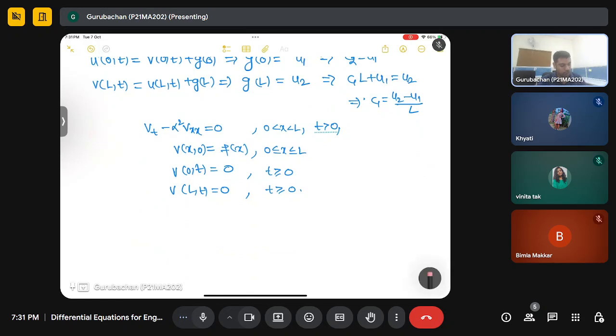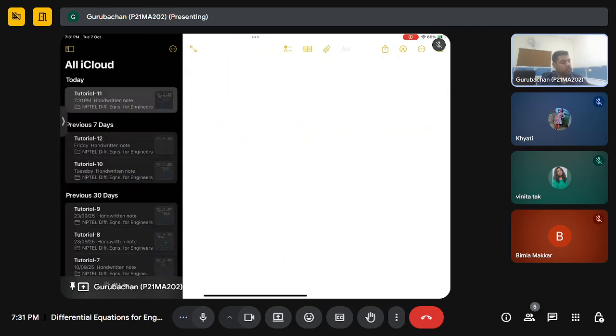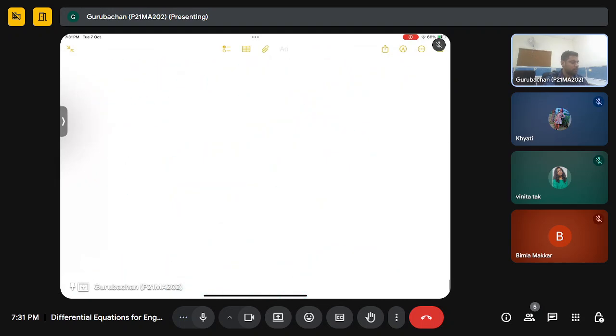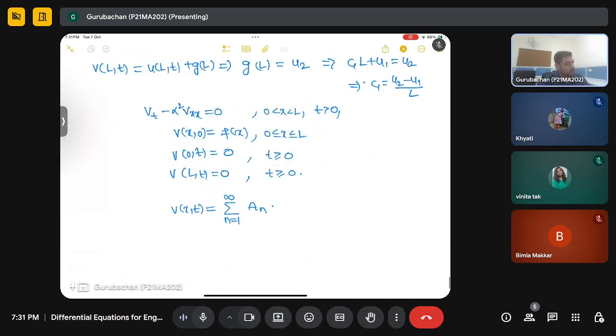So you may write v(x,t) as a series of sine functions, a_n e to the power minus (n pi alpha divided by l) square t sine n pi x by l.